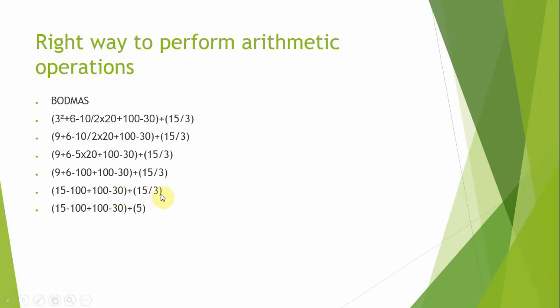Maybe we talk about simplification of the next bracket first. So this is just a simple equation. This is 15 divided by 3. It gives us 5. And like before, when I talked about the addition, subtraction, we are adding 15 to the positive 100, and we are adding minus 100 and minus 30. This gives us minus 130.